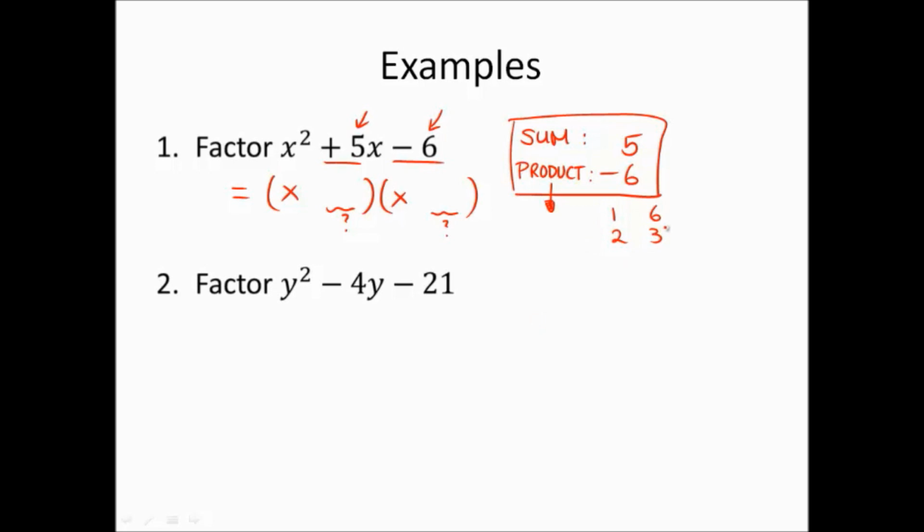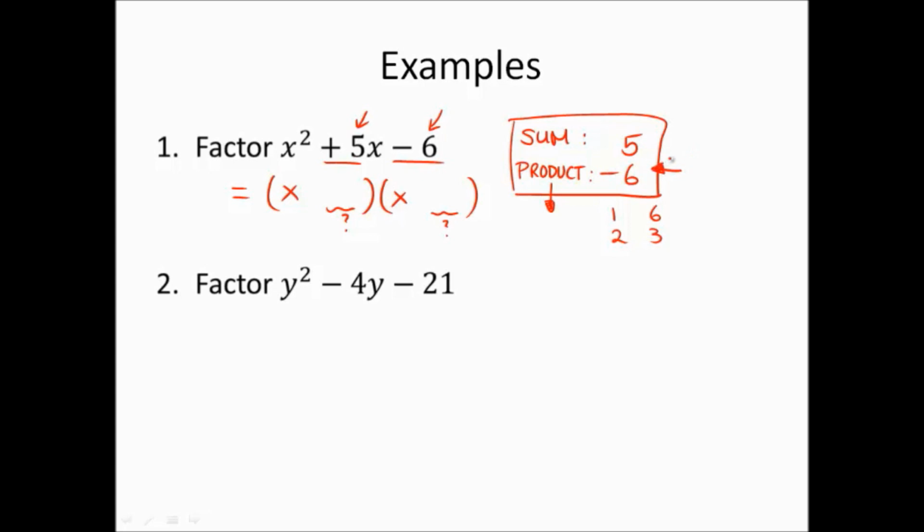Hey, there's only 2. So now we want to figure out which one of them will sum to a positive 5. Our product is negative, meaning one of these numbers needs to be a negative. So when one of your numbers is negative and you're adding them together, you'll notice that you're always subtracting. If the product was positive, you'll notice that you're going to be adding.